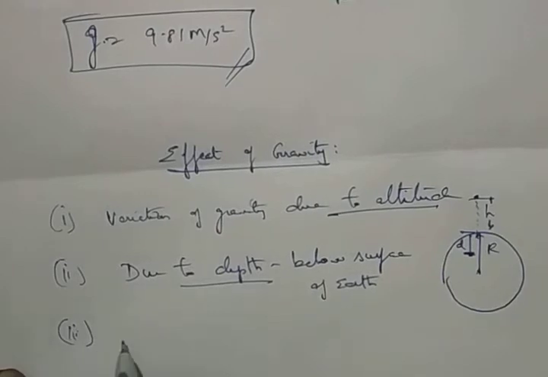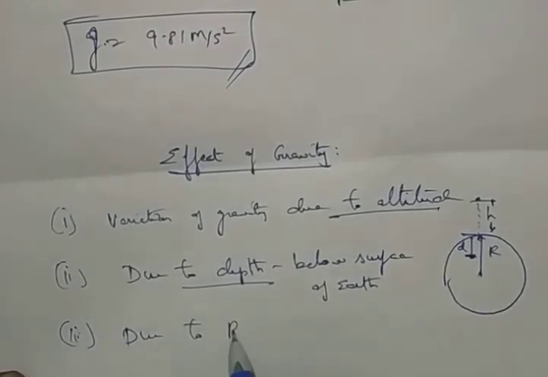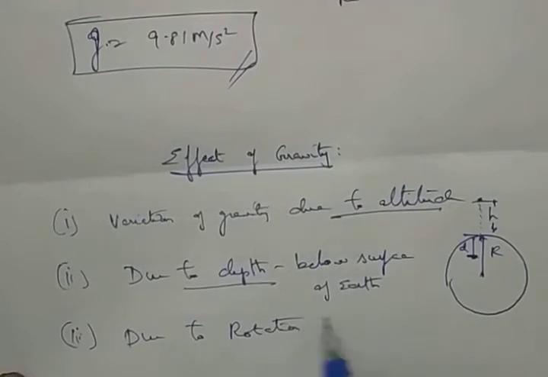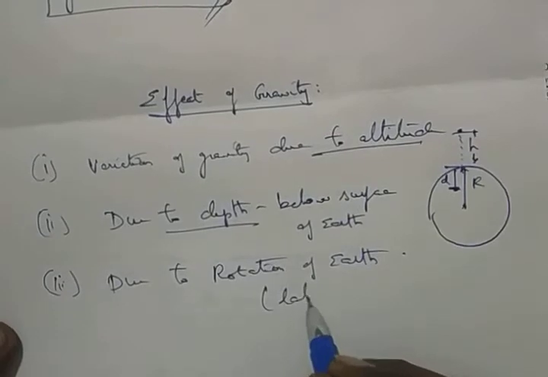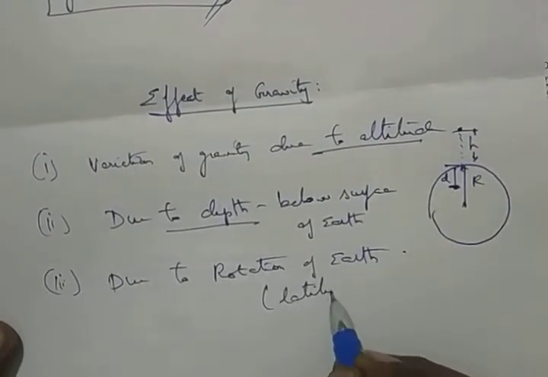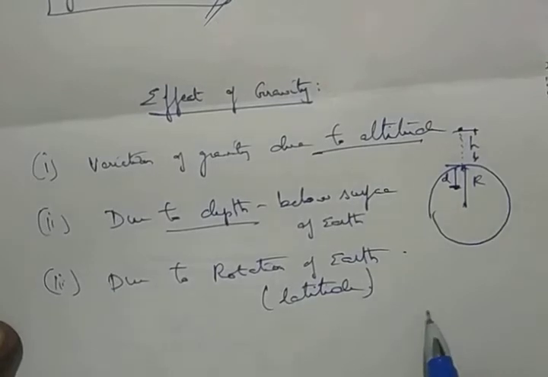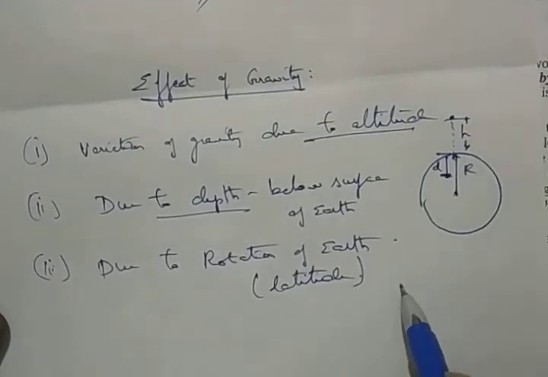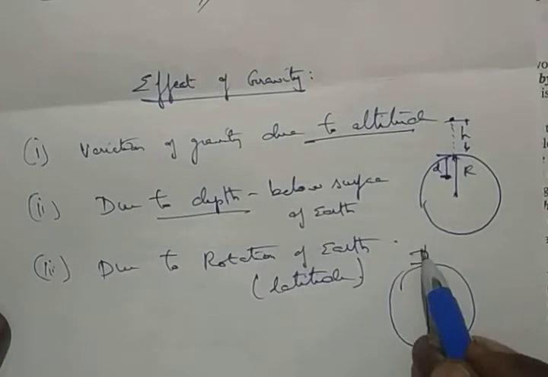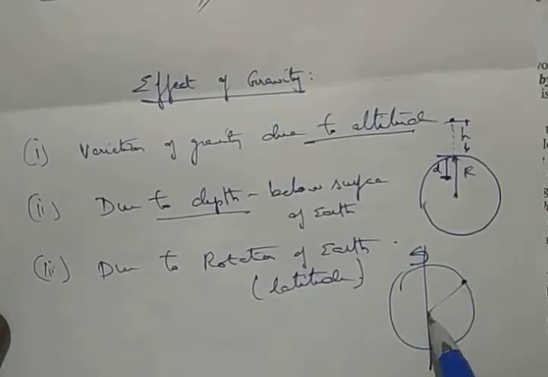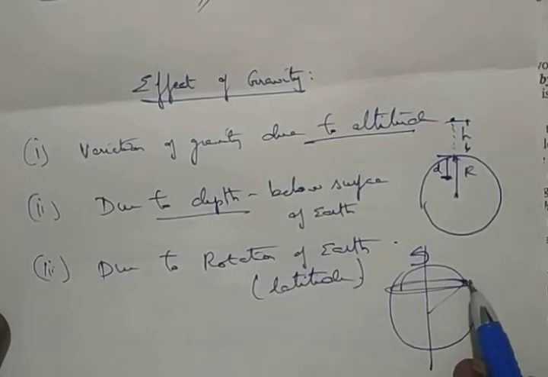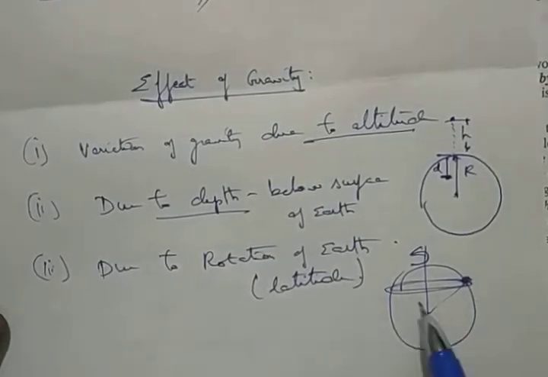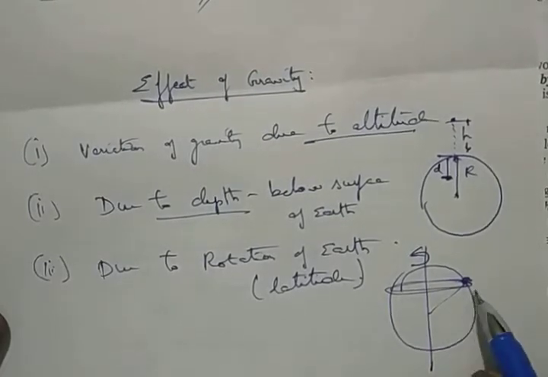Third part of it, due to rotation of Earth, or instead of rotation, you can say it is called latitude. Latitude, because Earth is also rotating. When Earth is rotating and you put a body here, this body also will start rotating in the same orbit, because this body is already on the spinning Earth. Is there any change?